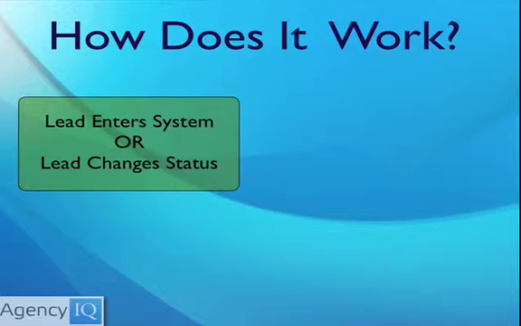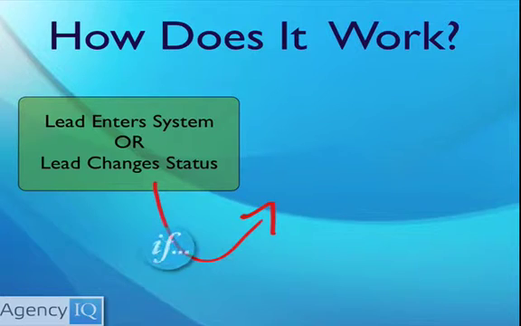The automatic rules are also triggered whenever you change the status of a lead. So if a lead changes from, say, quoted to sold policy, we can automatically turn off emails, initiate a whole other string of marketing, so that you can go ahead and do some account rounding. So in other words, we're going to trigger these automatic rules whenever a lead enters the system from the outside or whenever we change the status of a lead.